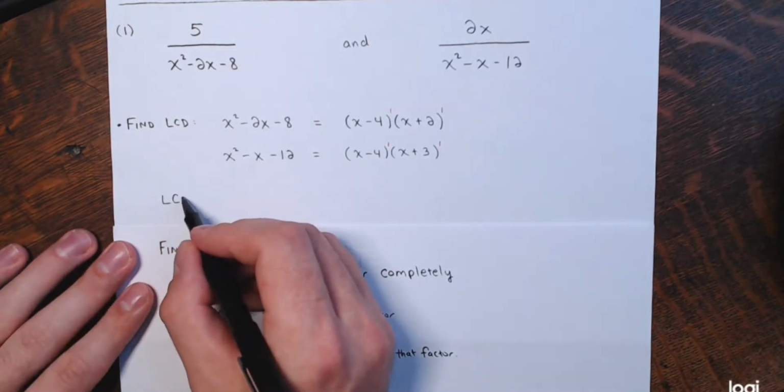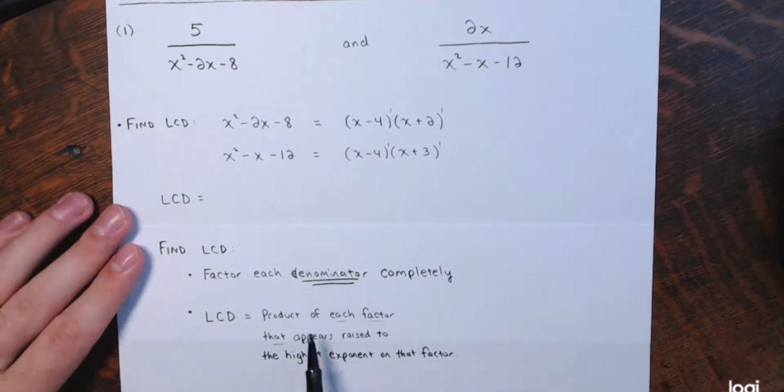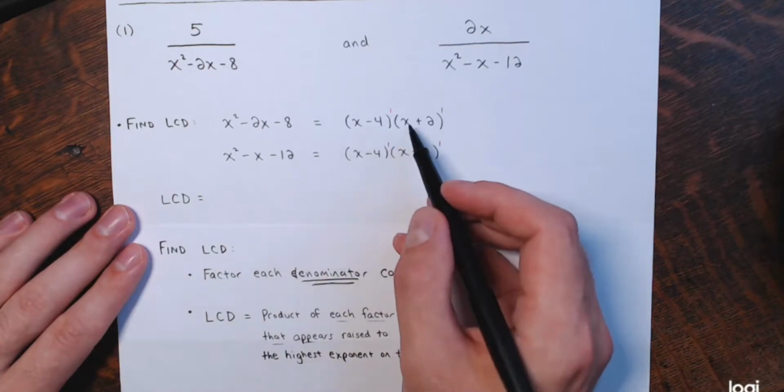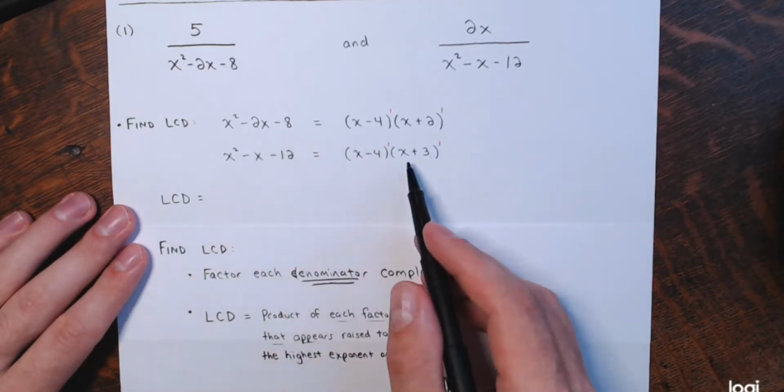We can state what the least common denominator will be. So again, I'm going to read this out. It's the product of each factor that appears raised to the highest exponent on that factor. So what factors appear in the factorizations of the denominators?